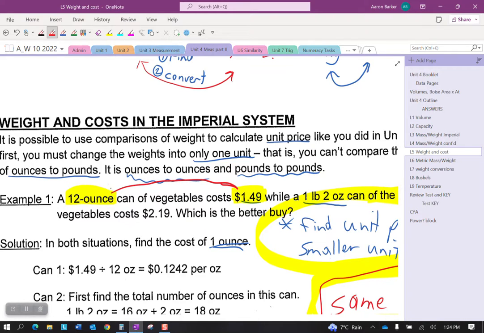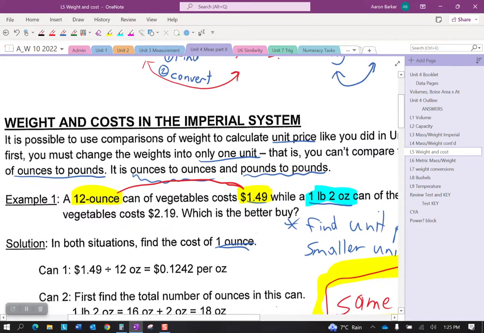That way you can see how the size and the price are connected. Helps you keep them together. Then there's another can. The next can is measured in pounds, 1 pound, 2 ounces. And that one is $2.19. You should connect those two as well, because those two are connected.